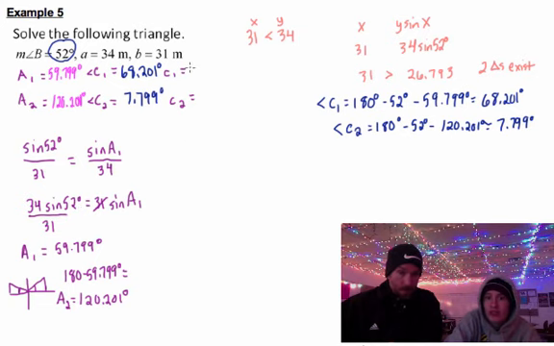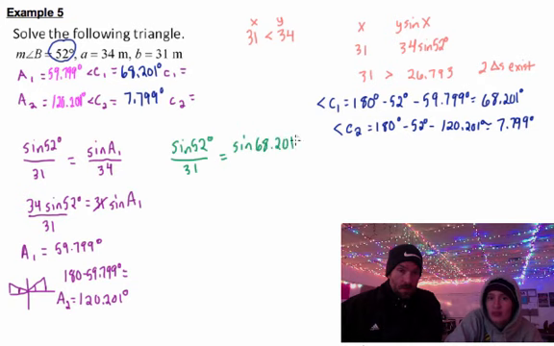So to find C1 here, we need to set up our law of sines. Use what we started with: sine of 52 degrees over 31 equals sine of 68.201 over C1.